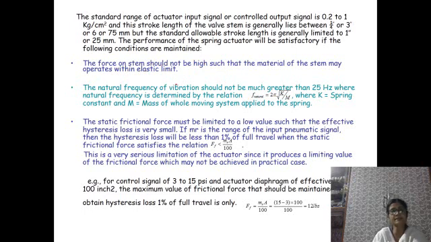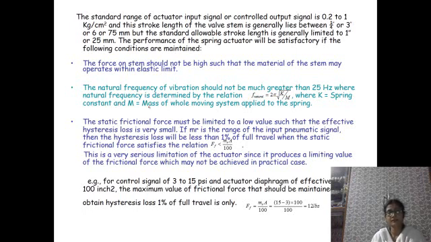If it exceeds the elasticity, that means if it reaches the plastic region, then it cannot be restored again. So the force on the stem should be within such a value that the material operates within the elastic limit. That is one condition. Because the diaphragm is made of neoprene rubber, and the stem is a metallic stem, the force should be withstood within the elastic range.